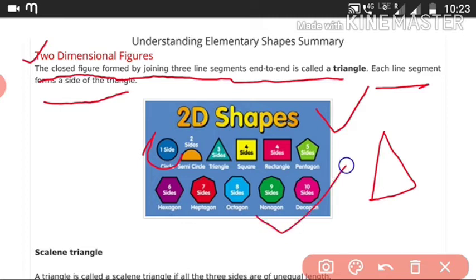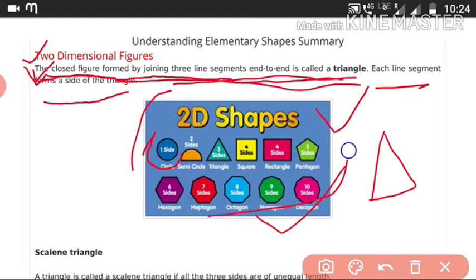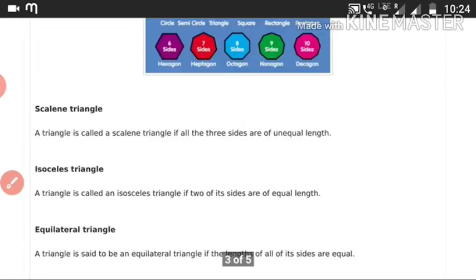These are all 2D shapes. This was the definition of a triangle: the closed figure formed by joining three line segments end to end. These shapes are examples of two-dimensional shapes.